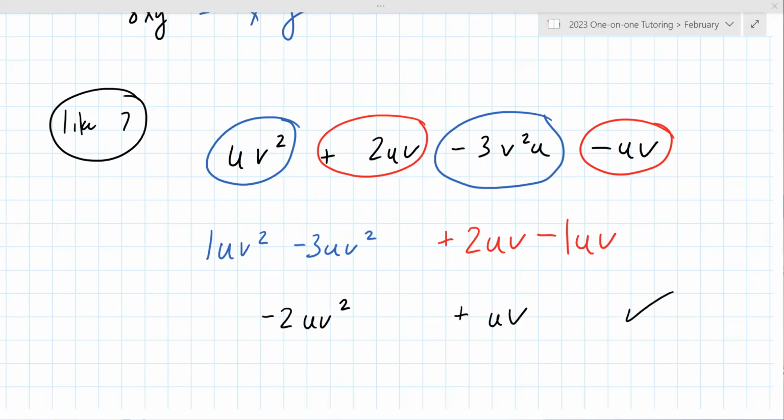Okay, let's do this one. w cubed v squared minus 3vw minus 2v squared w cubed plus wv.